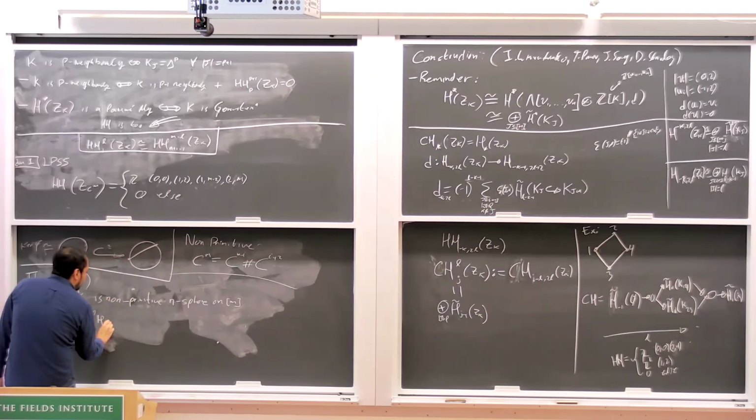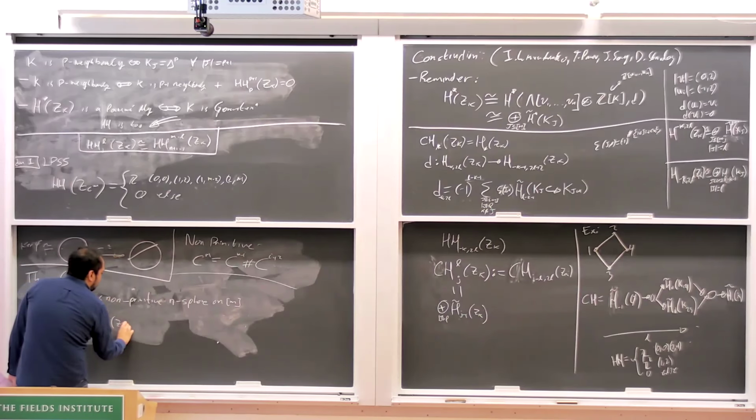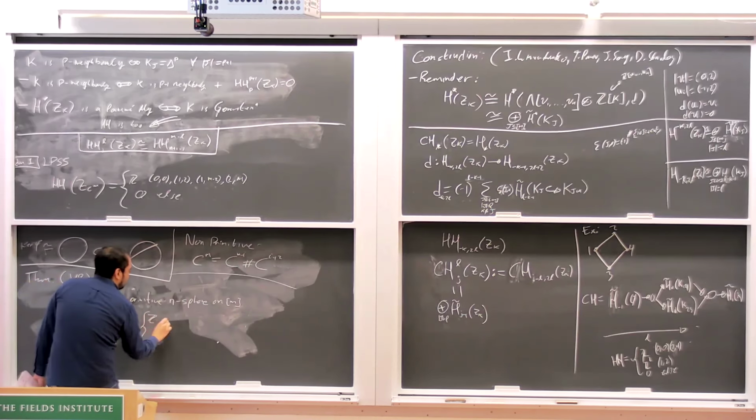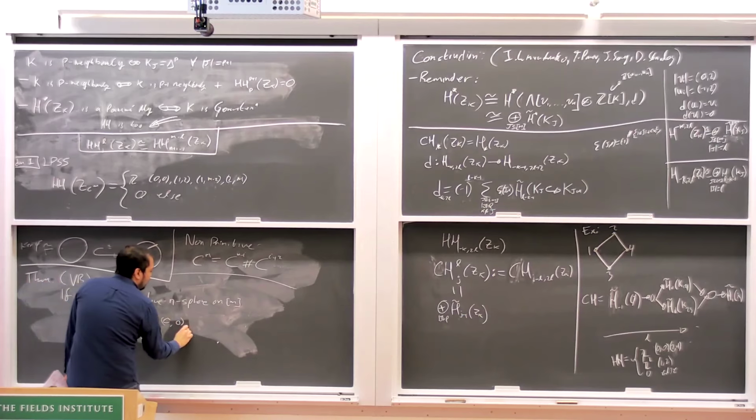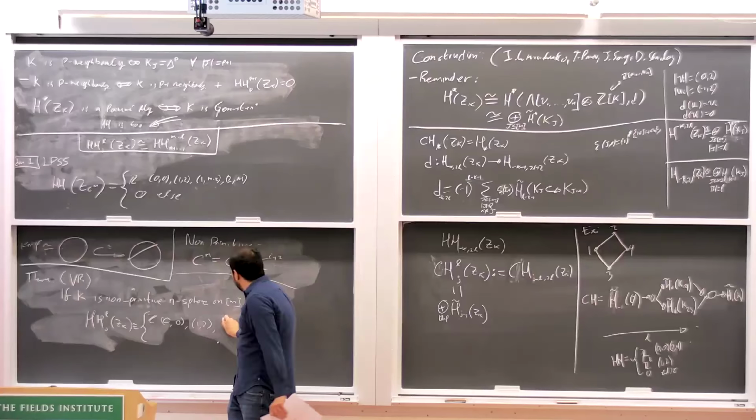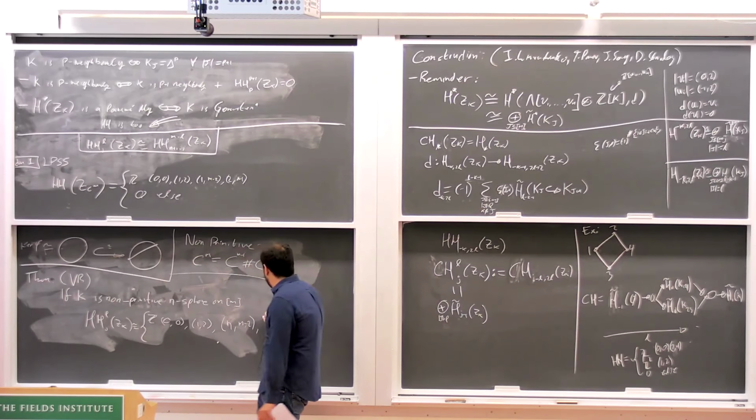It's just 0, 0, 1, 2, and their duals being n, n minus 2, and n plus 1.